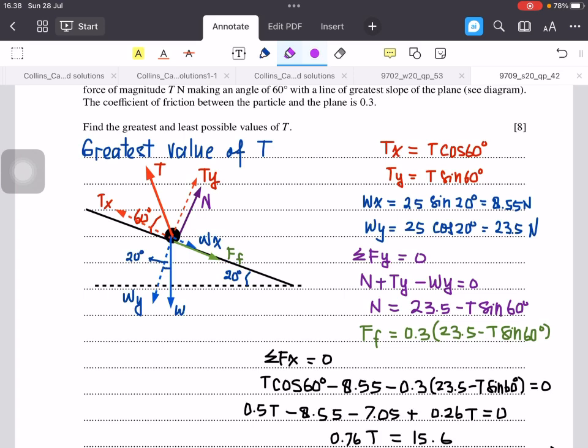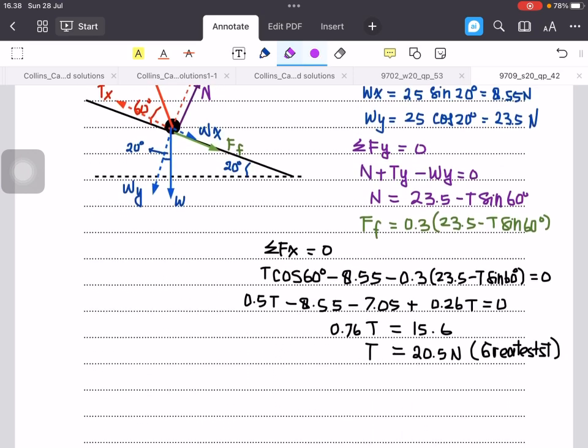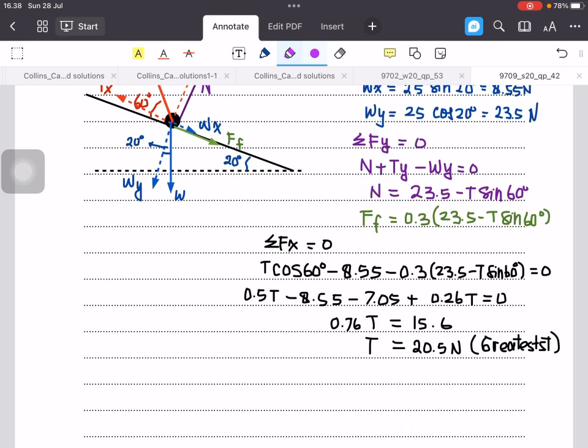We can simplify the equation, and solving it we can find the value of T. The greatest value of T is 20.5 Newton.